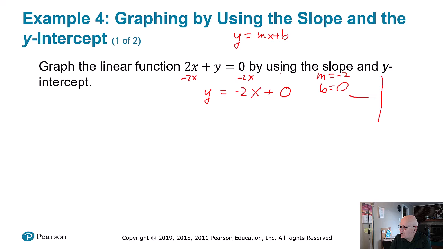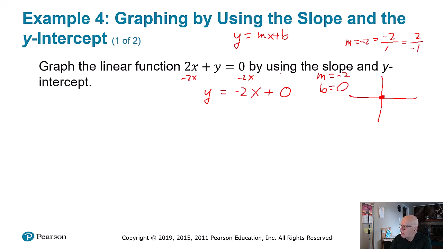So you want to graph it. The y-intercept is right here on the y-axis. We'll write -2 as a fraction because we want slope. I can write it as -2/1, or maybe you want to write it as 2/-1. Either way is good.